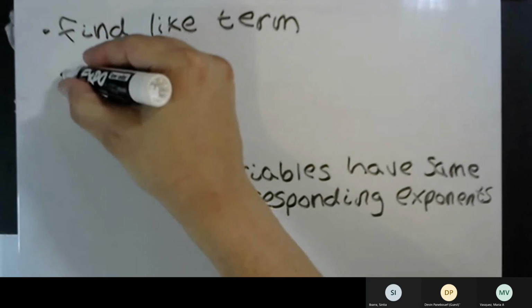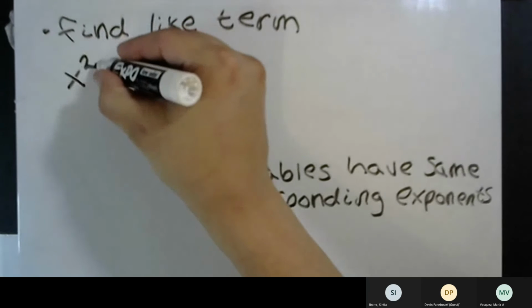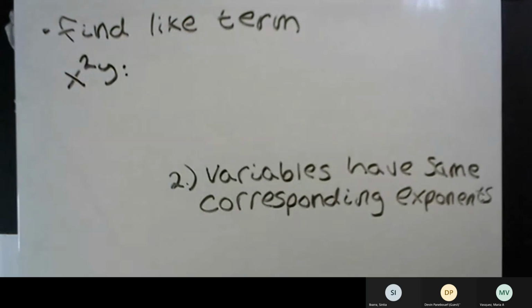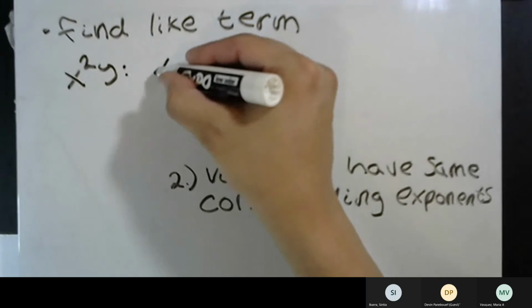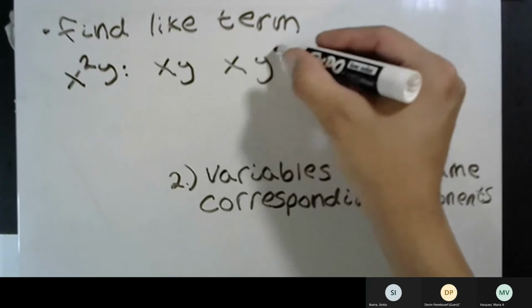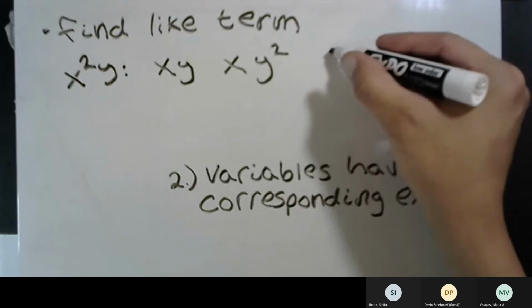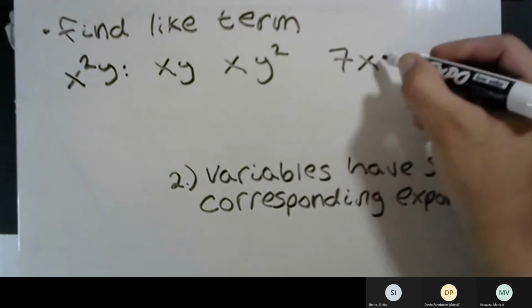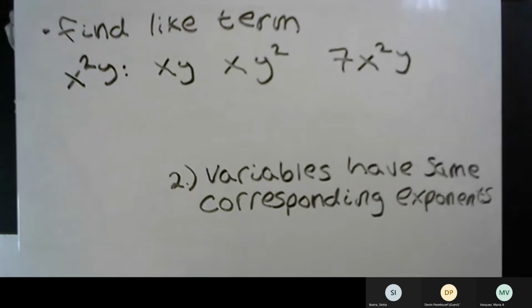Let's say we have x squared y. So we could say we have a choice of xy, xy squared, or 7x squared y.